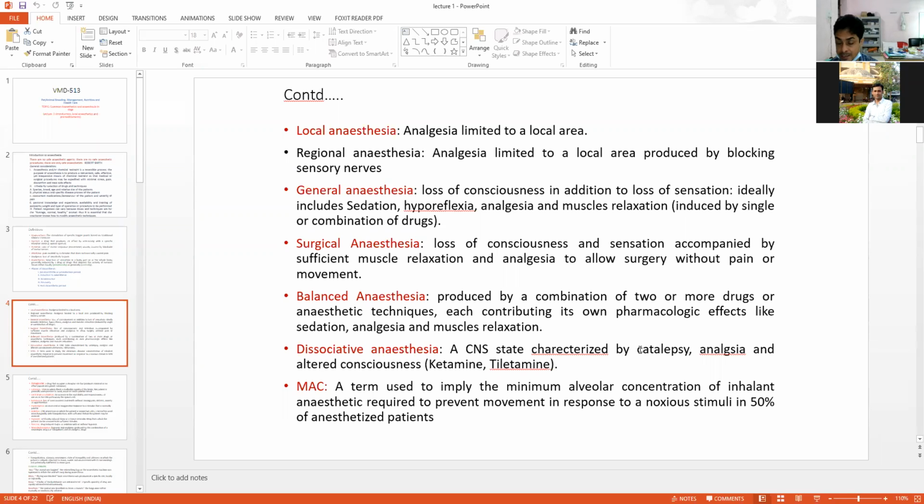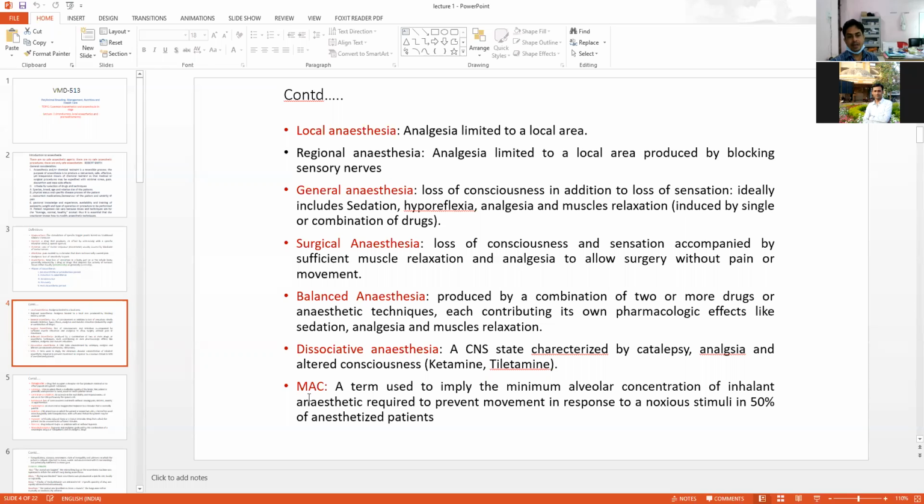Catalepsy is the most important thing, and ketamine and tiletamine are the dissociative anesthetics used for dissociative anesthesia. So whenever the definition of dissociative anesthesia is asked in the exam, you remember all these things: catalepsy, analgesia, and altered consciousness.